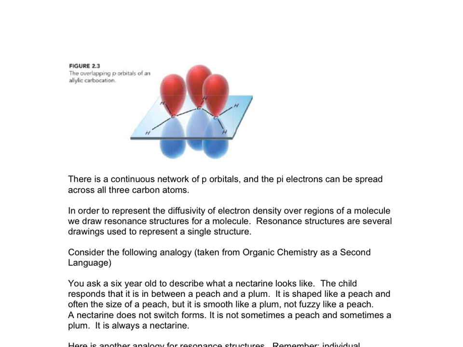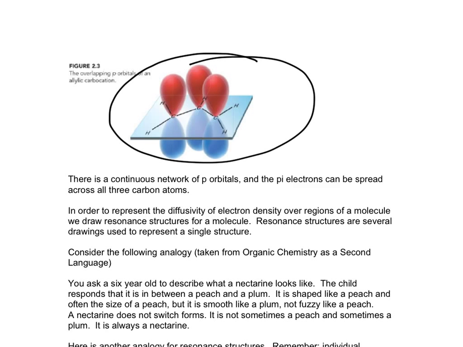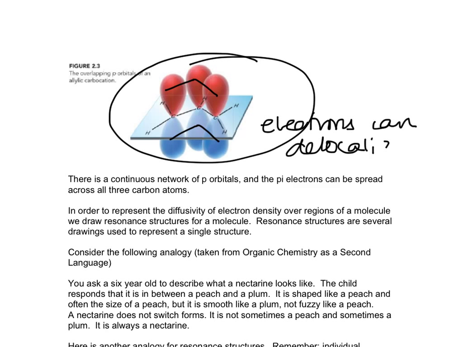And now, if we look at these p orbitals on each of the carbons, what you can see is that they line up. And the electrons can delocalize, or spread out across the carbons.